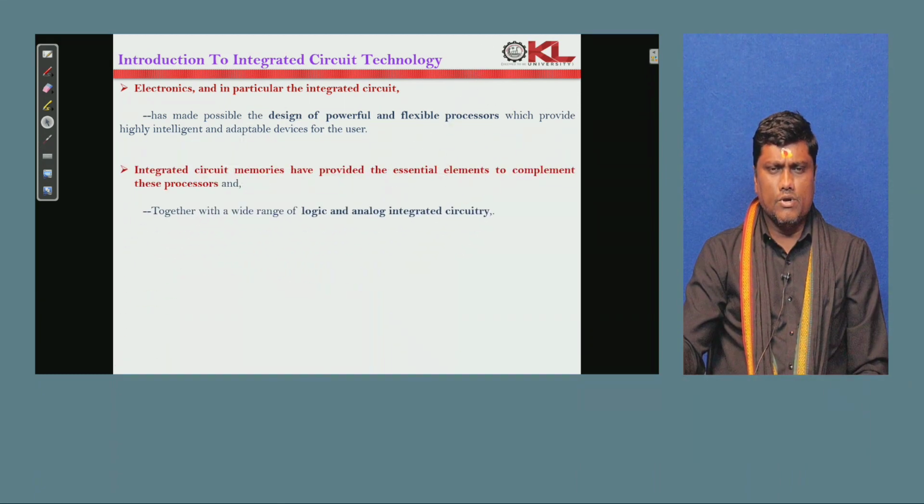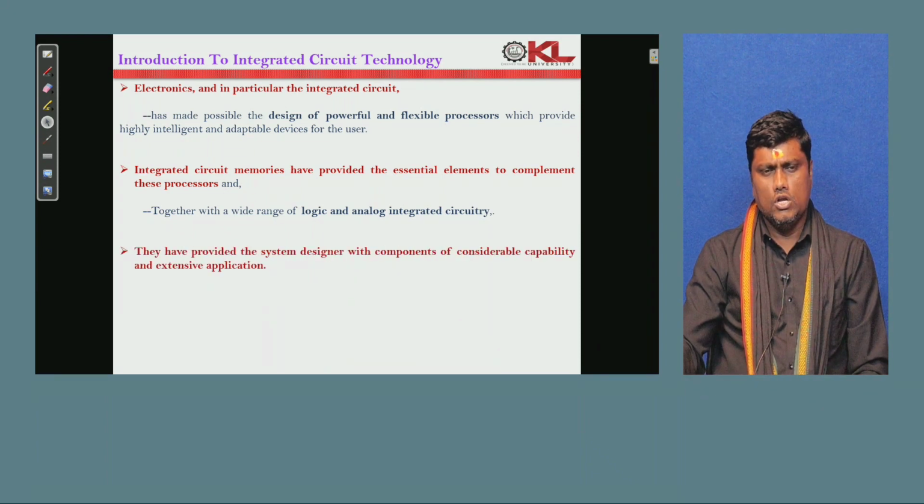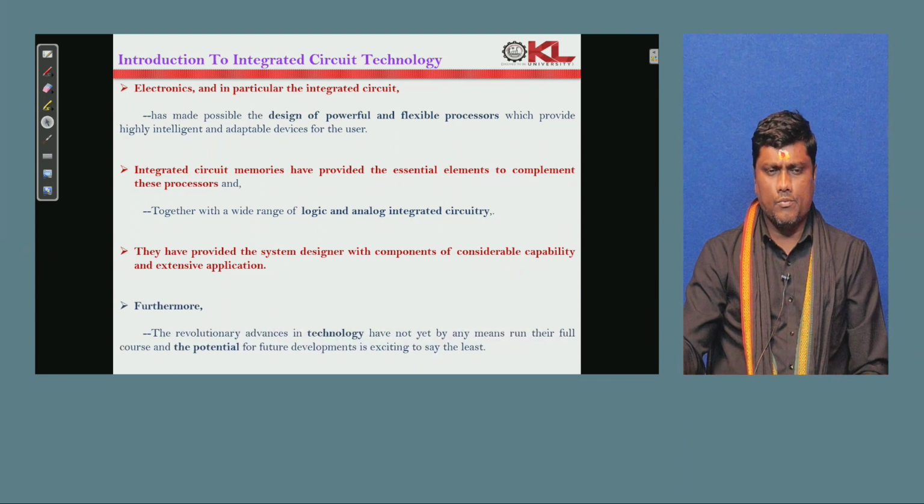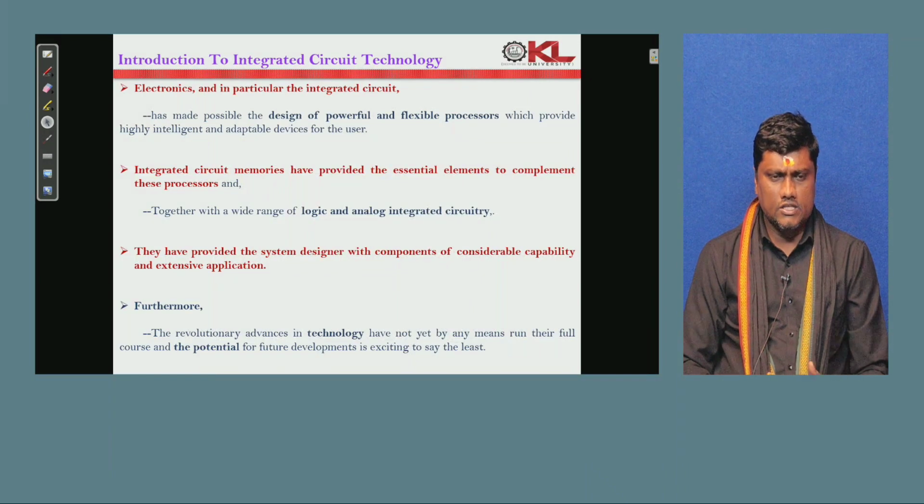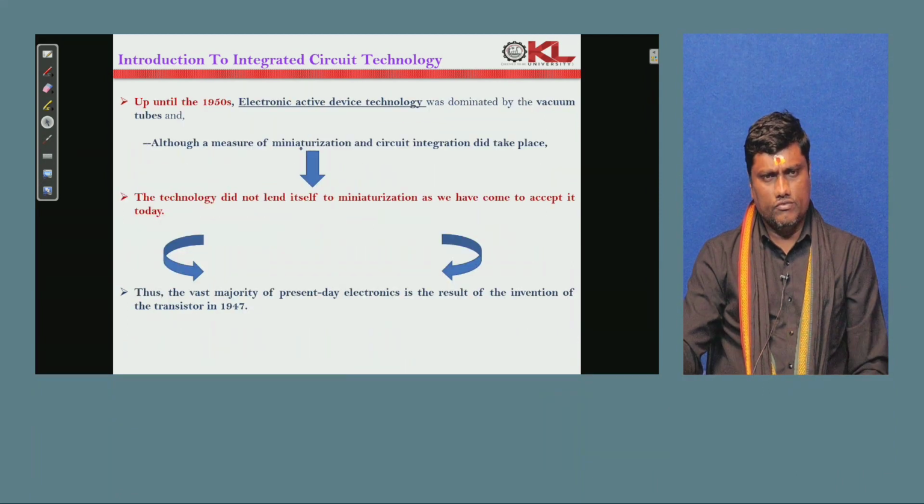There are also memory devices together with processors, along with a wide range of logic and analog integrated circuitry. The capability and extensive applications of all these devices provide very good applications to users, especially in electronics, and these revolutionary advances in technology hold potential for the future development of existing devices.